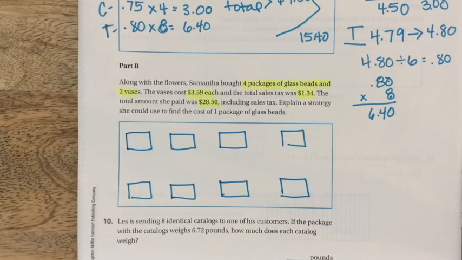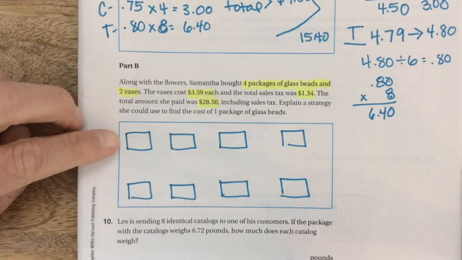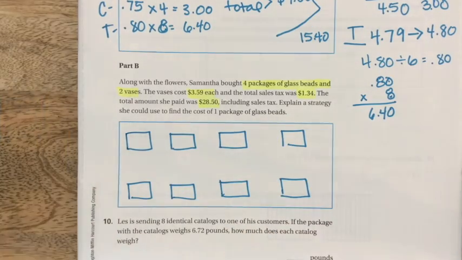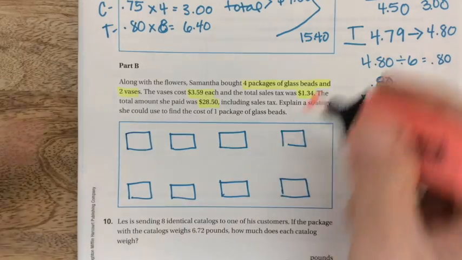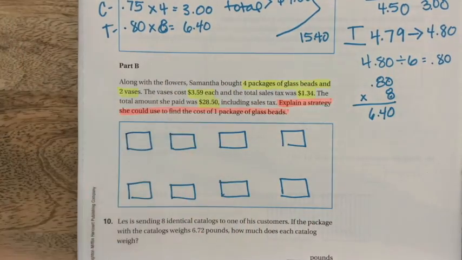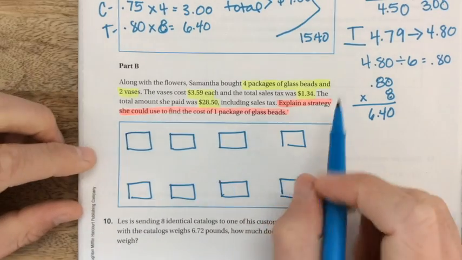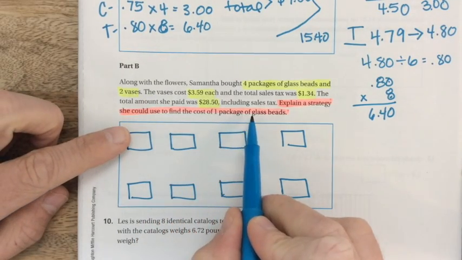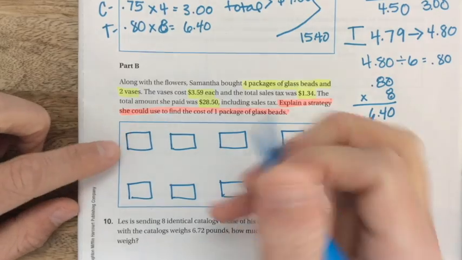So yesterday what we did was we started with our 4 boxes, and we started with the unknown. Sorry, I forgot to highlight what they want us to do. We're going to start with our unknown. So we want to know 1 package of glass beads.